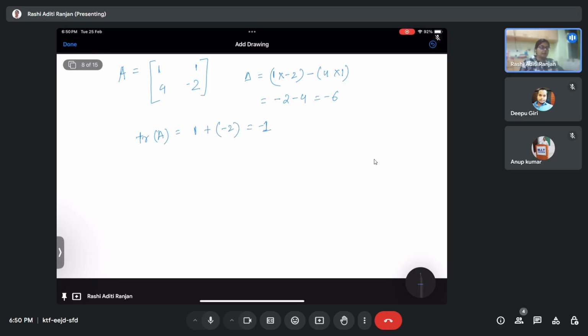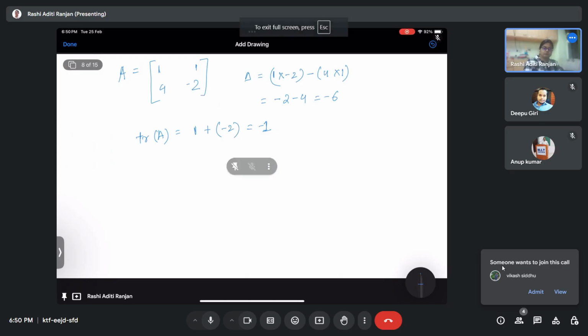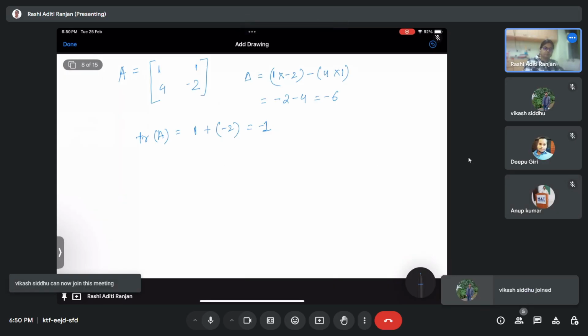This is nothing but minus 1. So these are the trace and the determinant.